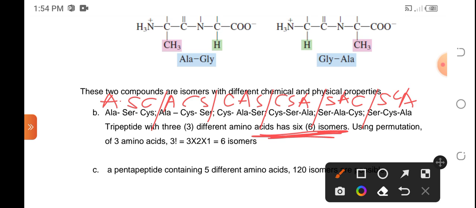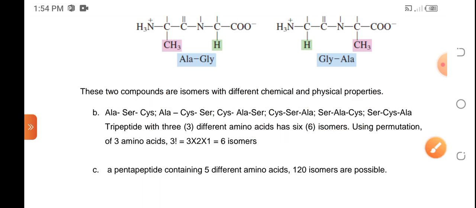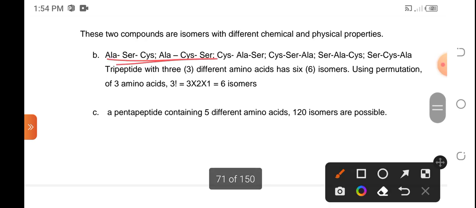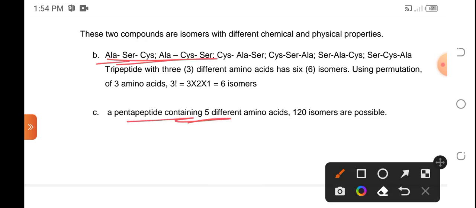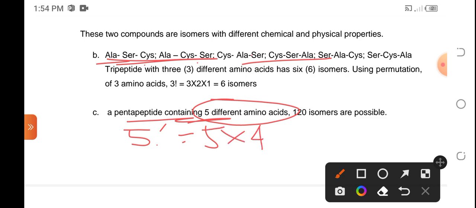Of course, kung meron tayong 5, hindi na natin iisa-isahin. Rather, gamitin na lang natin yung formula. If we're going to have 5 different amino acids, so 5 factorial, so that would be 5 times 4 times 3, so pababa lang, times 2 times 1, so that is 120.